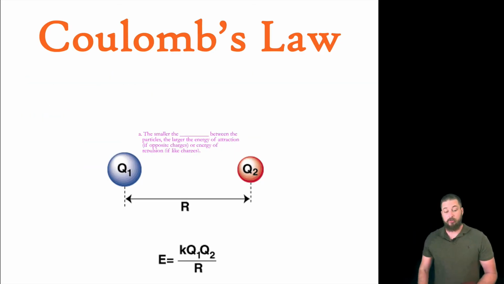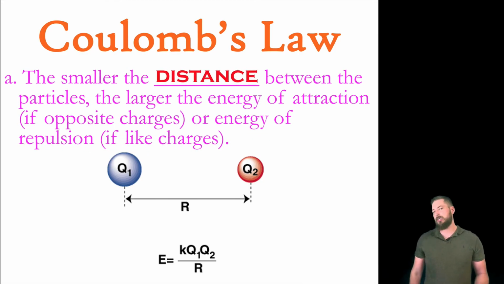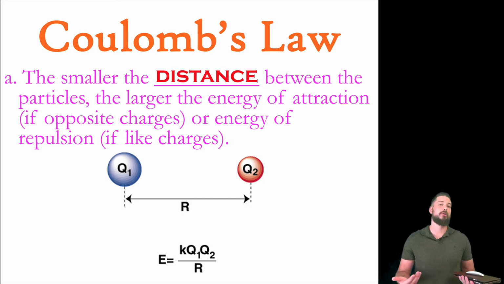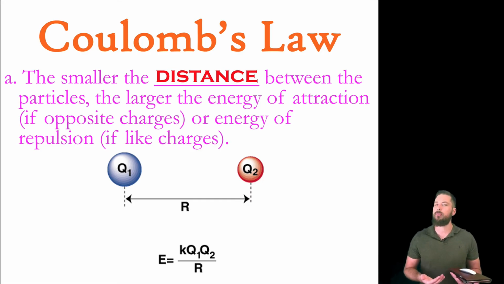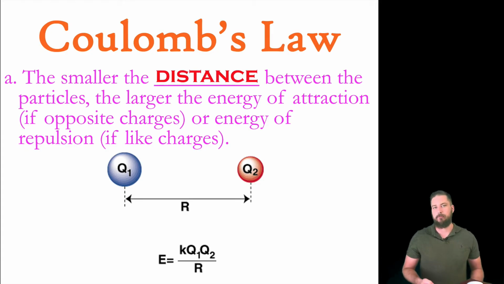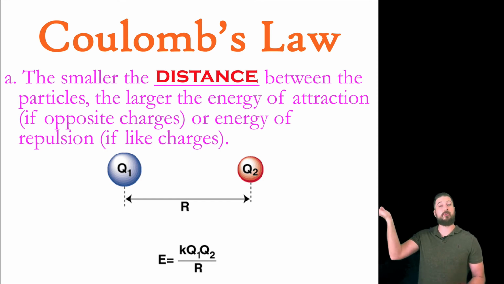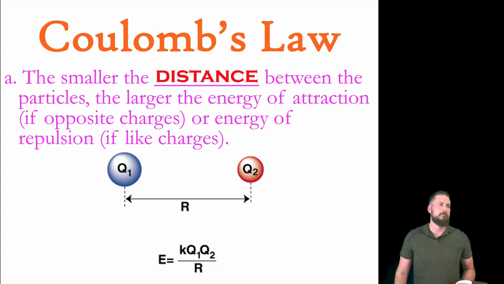All right, the next thing we want to talk about is the distance. I want you to think about a magnet again. What if you have two magnets and you bring them closer together? What happens to the force of attraction as you bring those magnets closer together? Well, as you bring them closer together, you can feel that they actually attract each other more. Think about gravity. Can you feel the gravity of the moon? From here you can't.